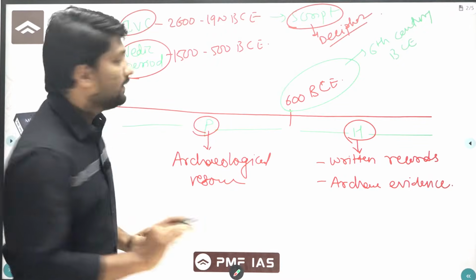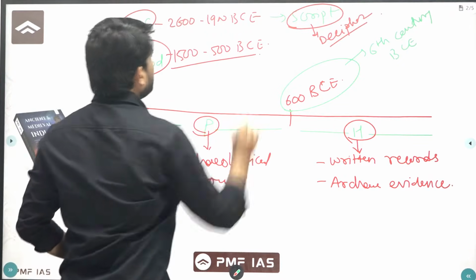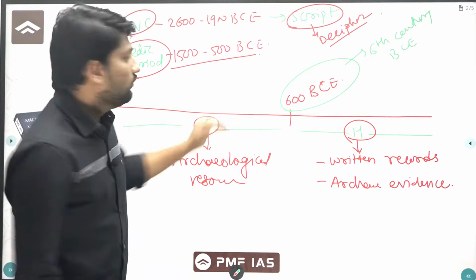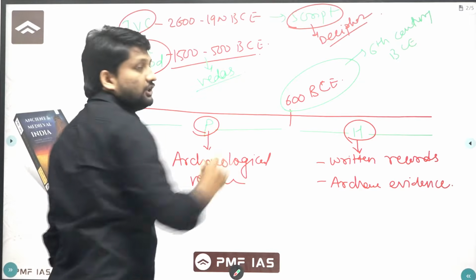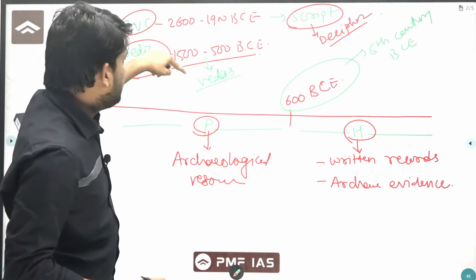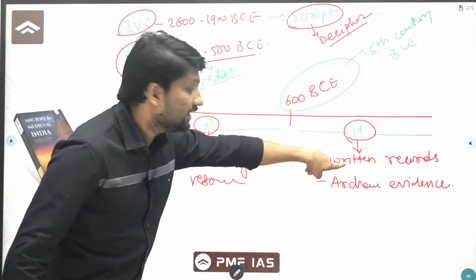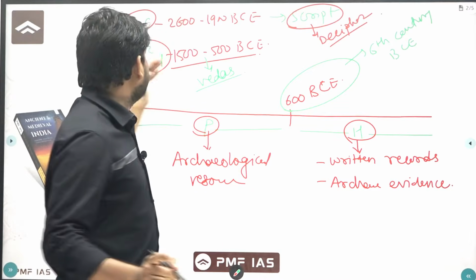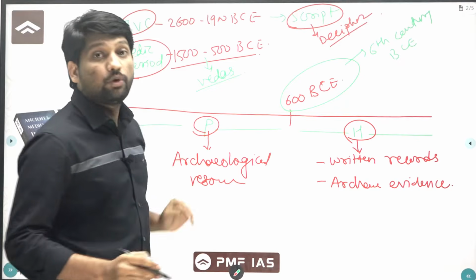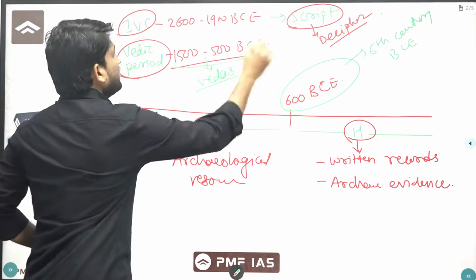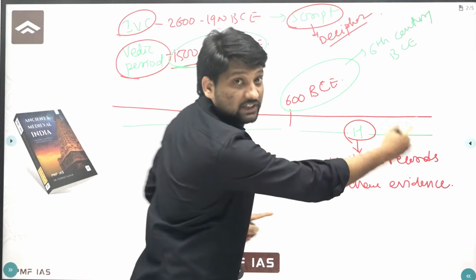Similarly, for the Vedic period, if you consider the timeline 1500 to 500 BC, we are dependent on the Vedas, like the Rig Veda, Yajurveda, Samveda and Atharvaveda. Vedas are written records, so you might consider that this period should be in the historic period. But these Vedas were not written during this period. They were written much later.